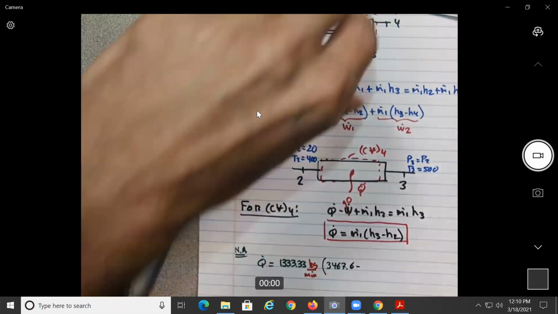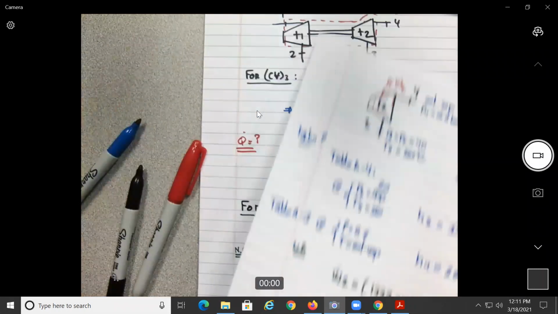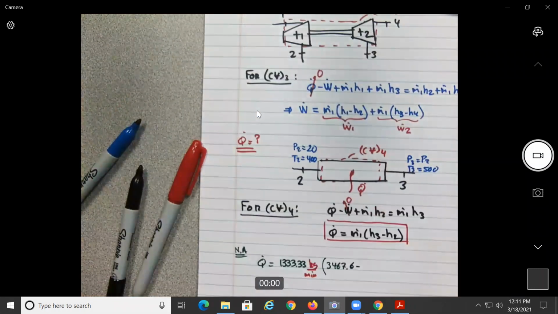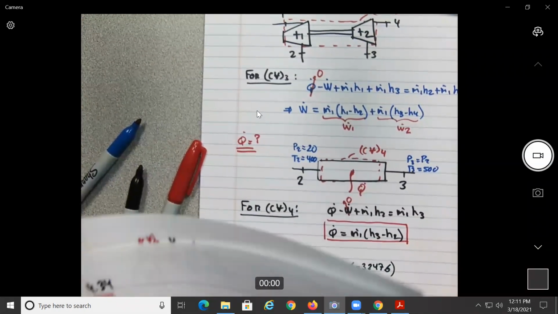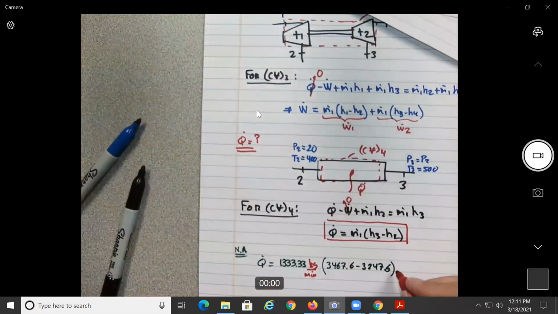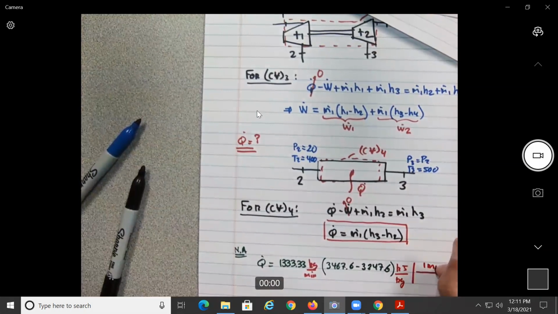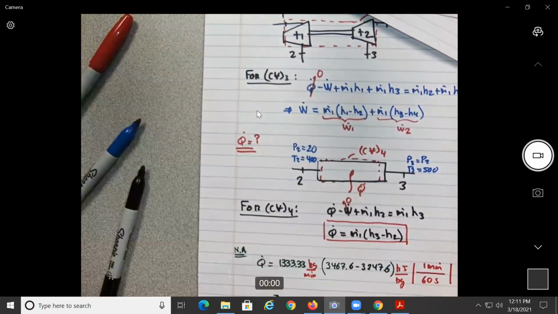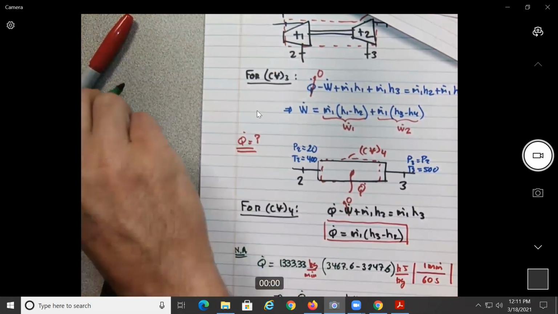Let's see how H2 is, 3,247.6 kilojoules per kilogram, and we need to transform that into kilowatts. So again, we're gonna have the 1 minute 60 seconds. And now this should give you Q in kilowatts.